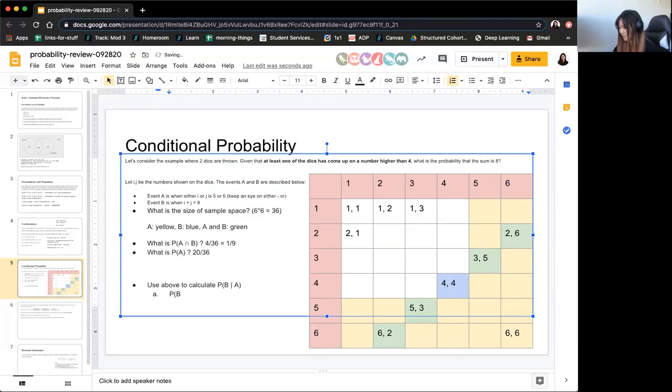The probability of B given A has a conditional probability of the probability of A intersect B, or actually more specifically, it would be B intersect A, but in this case, it doesn't matter, divided by the probability of A. So this is the conditional probability formula that we're actually going to talk a little bit more about on Thursday. But this is how you would use it. I would say the conditional probability formula is a good one to remember for interviews.